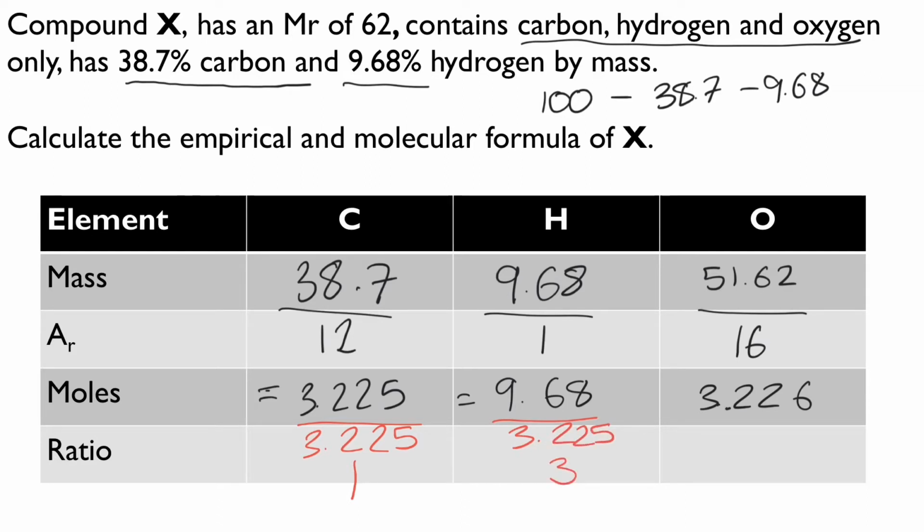These should be integers, by the way. And 3.226 divided by 3.225 is 1. So the ratio is 1 to 3 to 1, which means we've got 1 carbon, 3 hydrogens and 1 oxygen. So it is CH3O.